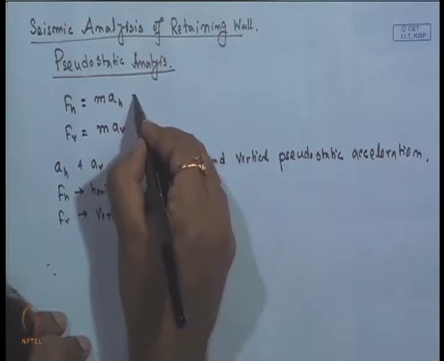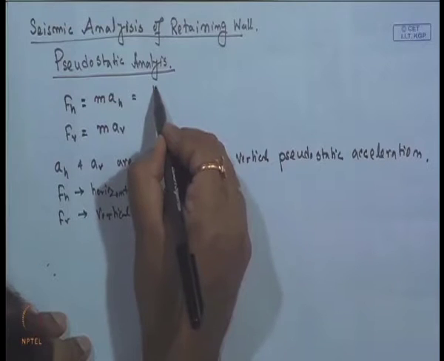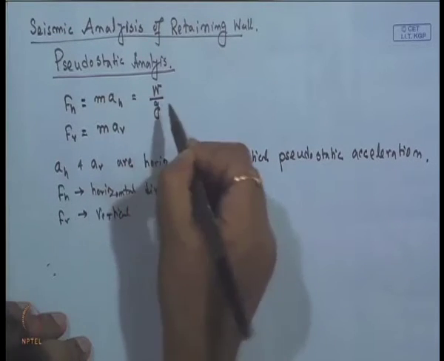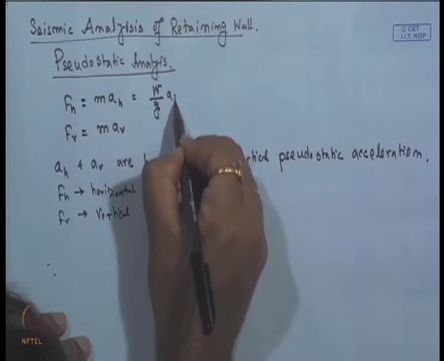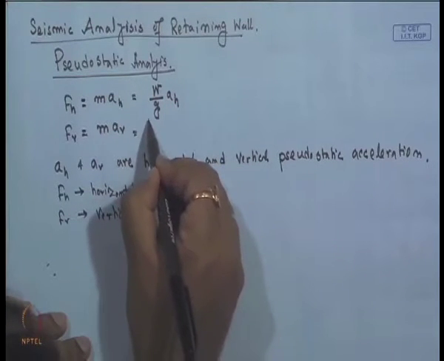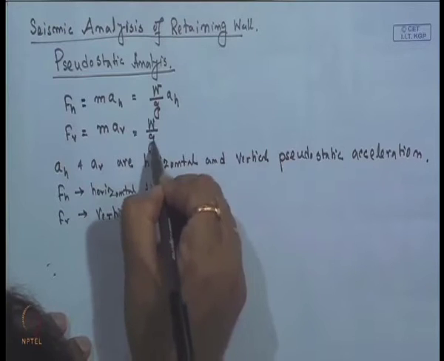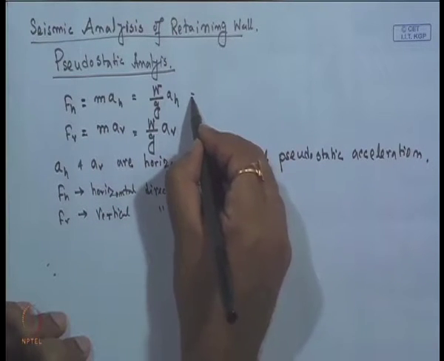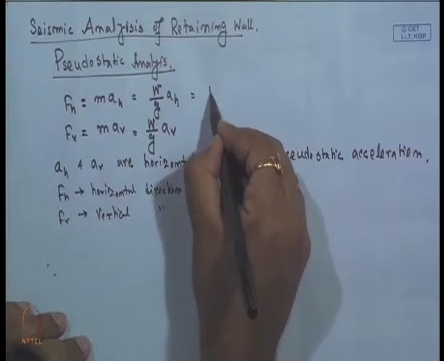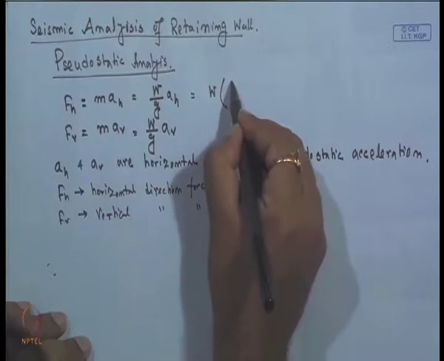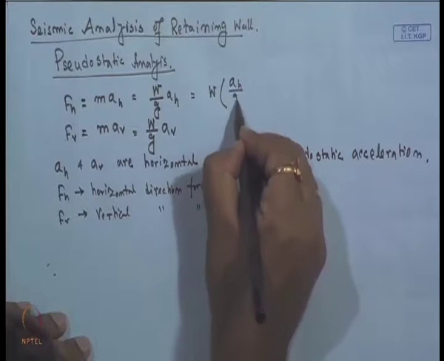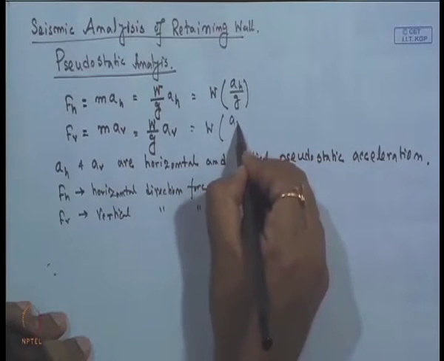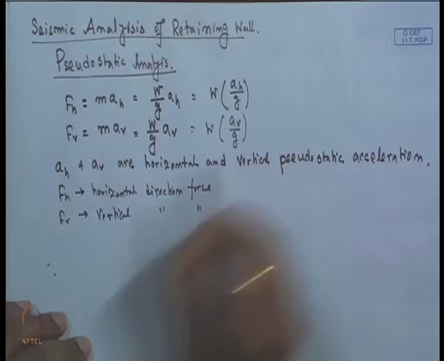Now we can convert the mass into weight. So, W is the weight, divided by g, into AH. Similarly, the weight divided by g into AV. So, now we can write W times AH divided by g, similarly W times AV divided by g.